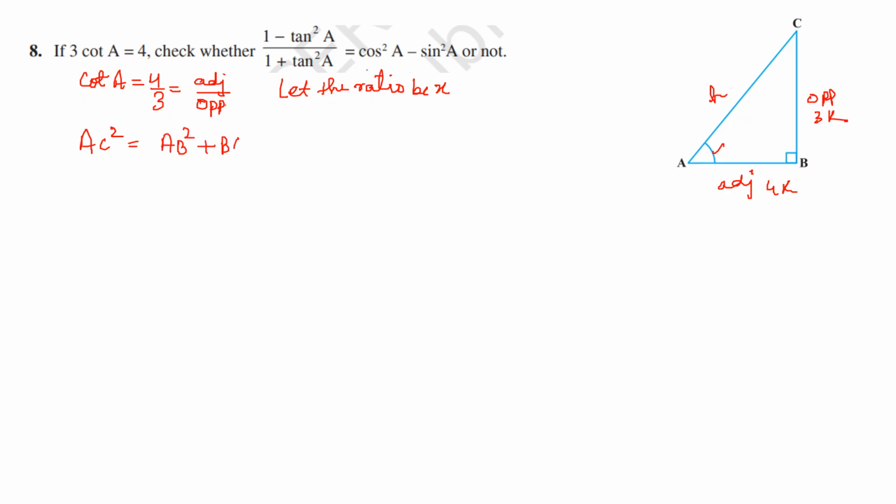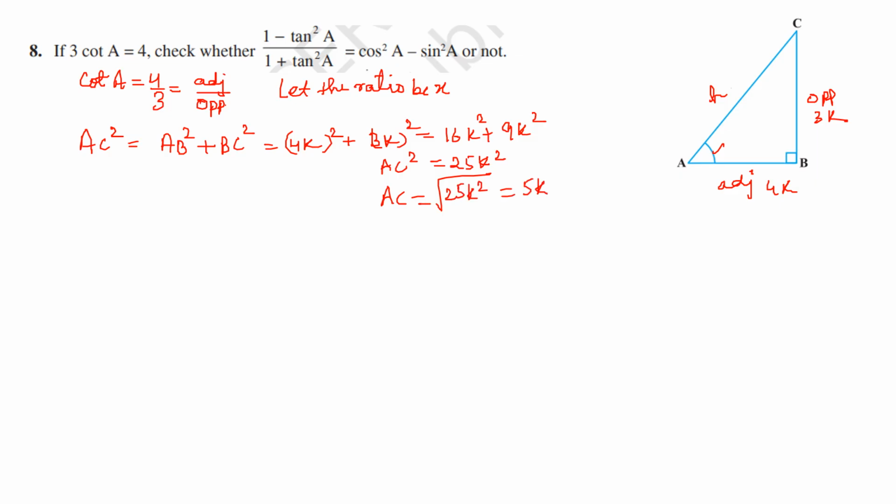AB square plus BC square. Now AB square is 4k whole square plus BC square is 3k whole square, which will give you 16k square plus 9k square, which is 25k square. So AC square is 25k square. So AC will be root of 25k square, which is 5k. So your hypotenuse is 5k.